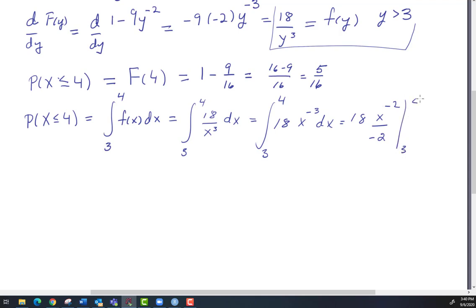This is going to be negative 9 x to the negative 2 from 3 to 4, which is 9 over 3 squared minus 9 over 16, which is equal to 1 minus 9 over 16.